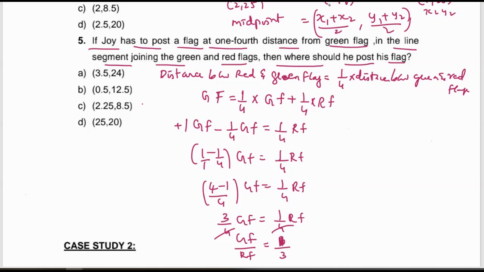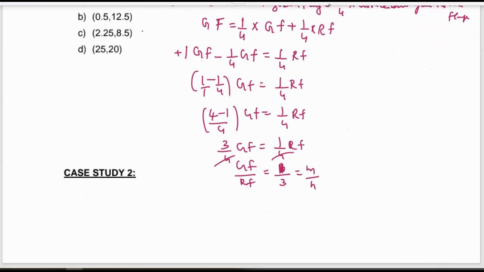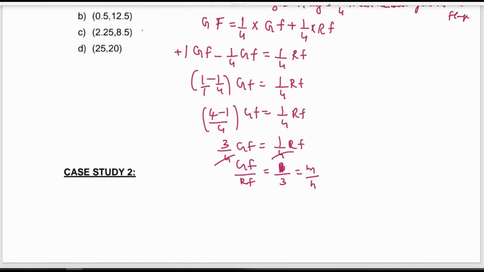So yeah, the ratio that is m is to n. We find the ratio of both. Okay. So now having the ratio, we have to find the coordinates, that is x comma y.